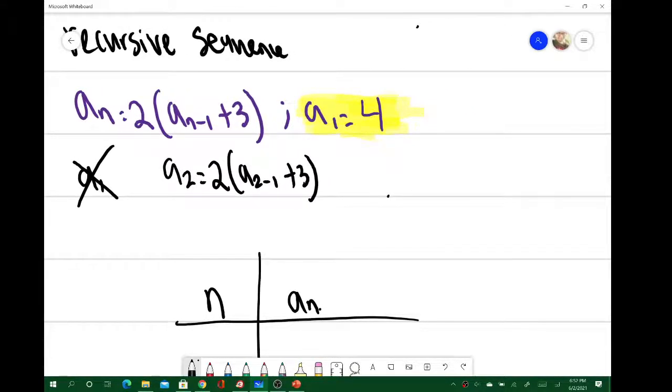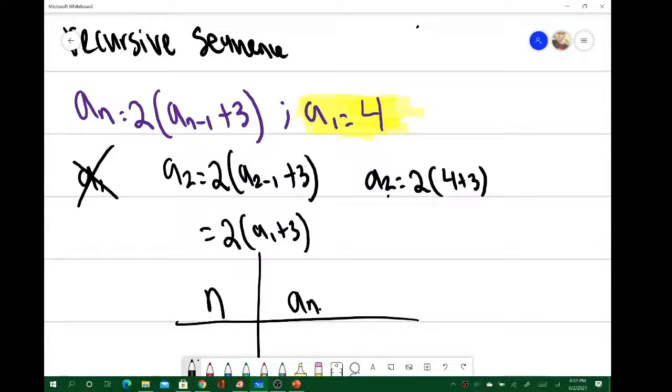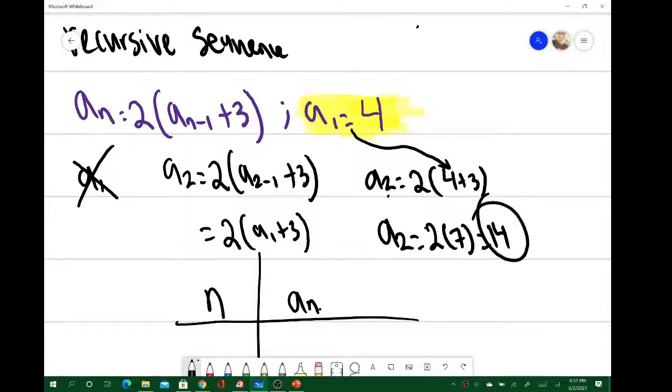I simplify it: this is 2 times a sub 1 plus 3, and I know what a sub 1 is. So a sub 2 equals 2 times 4 plus 3, because that's where a sub 1 goes.